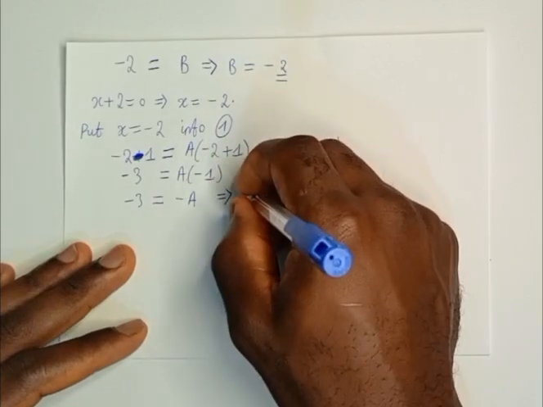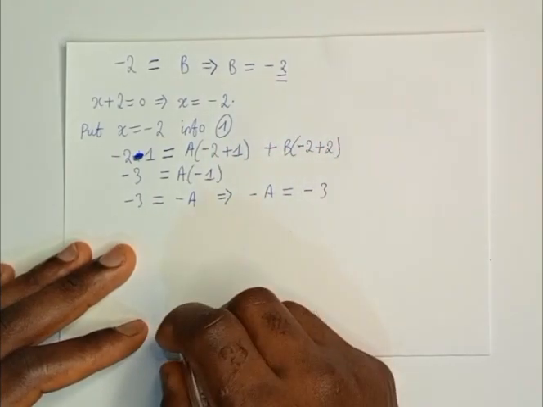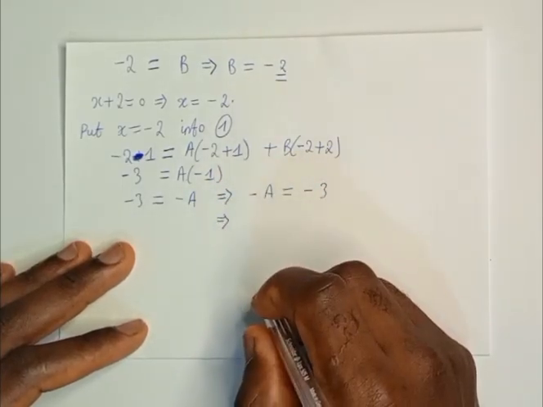So -a is equal to -3, and we multiply both sides by -1.